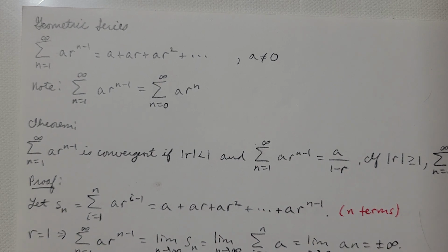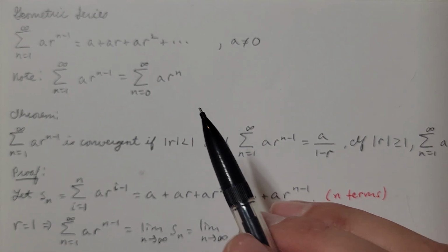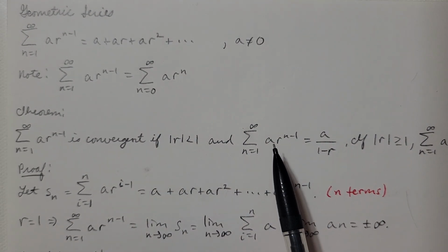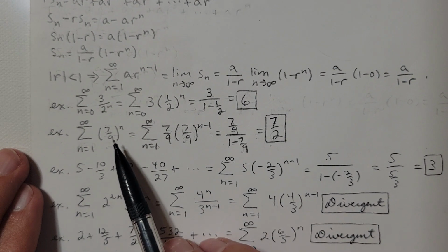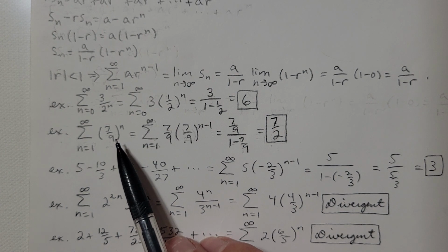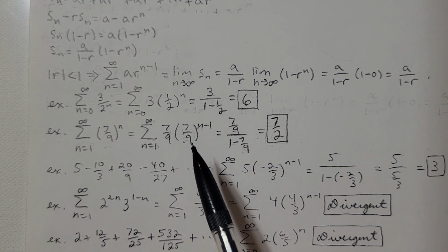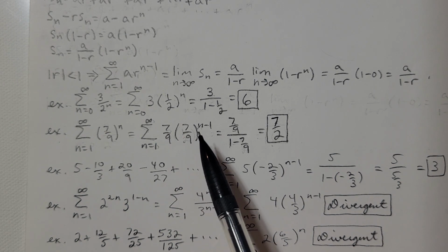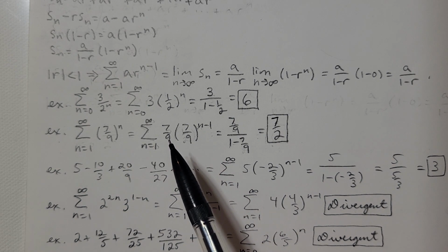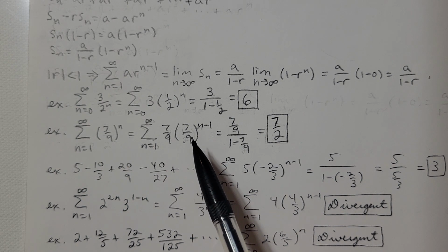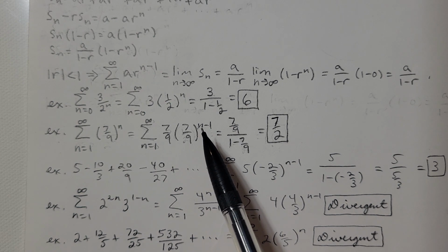If I'm starting at 1, I need to make sure that I'm in the form a times r to the n minus 1. I'm not in that form. So if I factor out a 7/9, I got 7/9 times 7/9 to the n minus 1. Now I'm in that form. A is 7/9, r is 7/9.